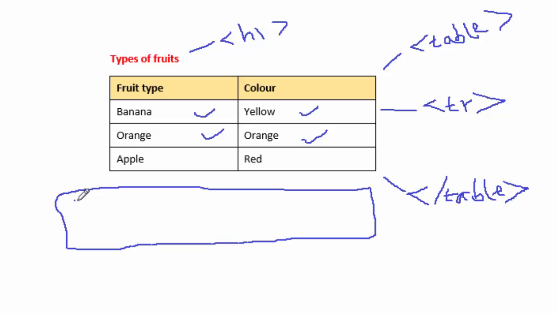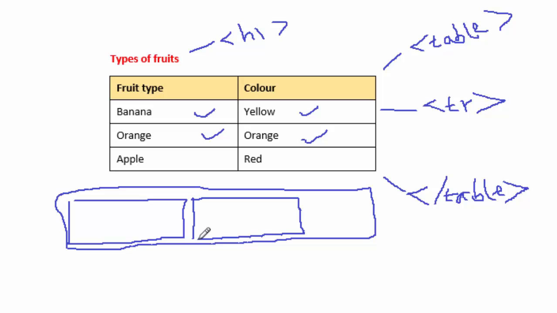Once I have my row, I will create my boxes inside, just like this. And these boxes are the ones which contain the data. Data is not kept in the row, it is kept in a box called a cell. You can call them cells or boxes.